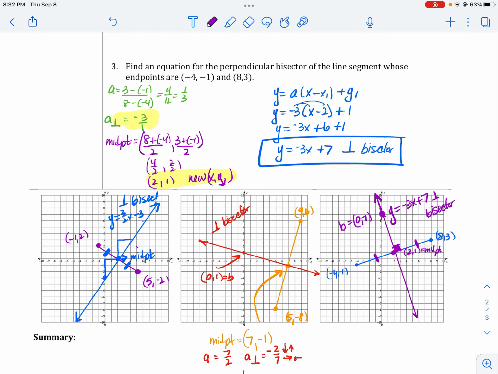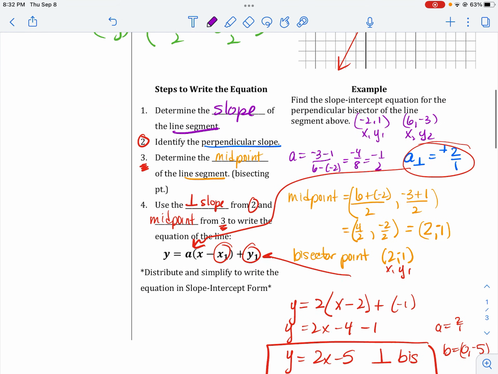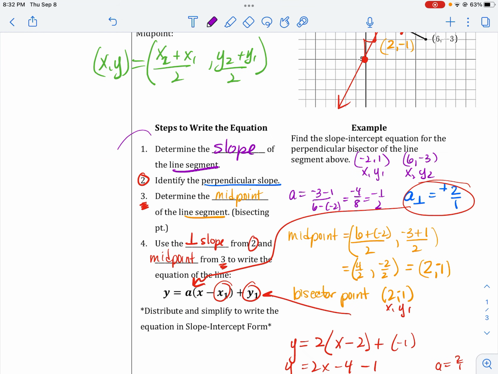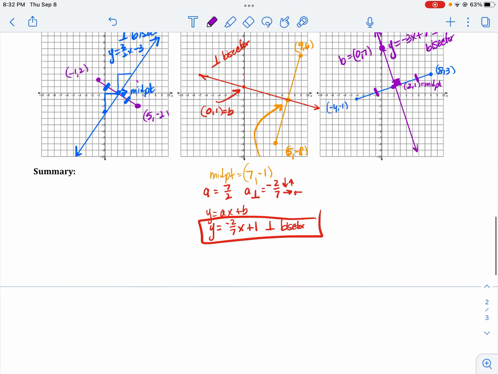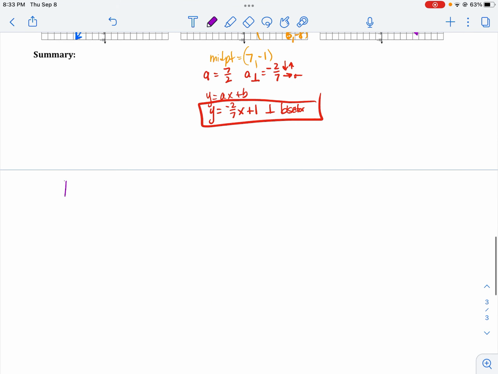So when you write your summary, figure out how to summarize those 4 steps. It might be something like: find the slope, perpendicular slope, midpoint.